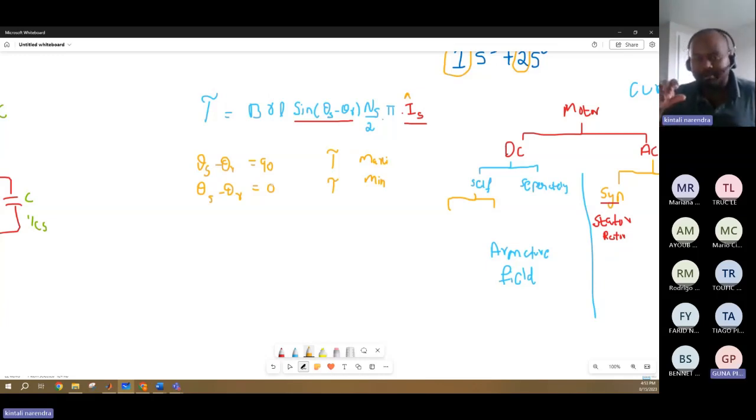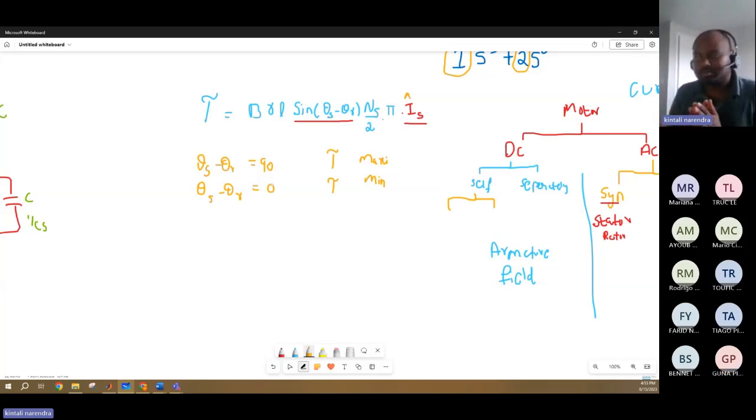Mostly it is permanent magnet. So the angle is between the two resultant fields.